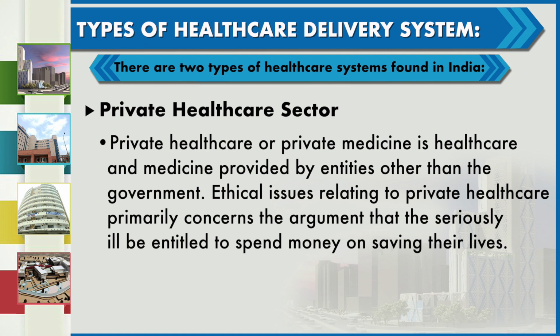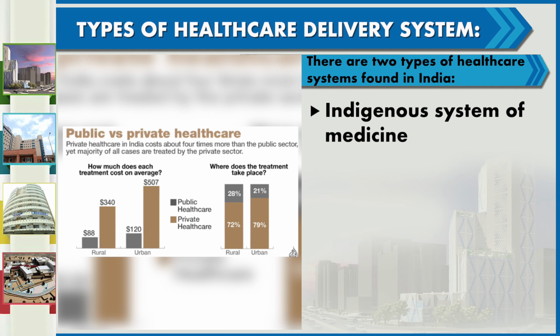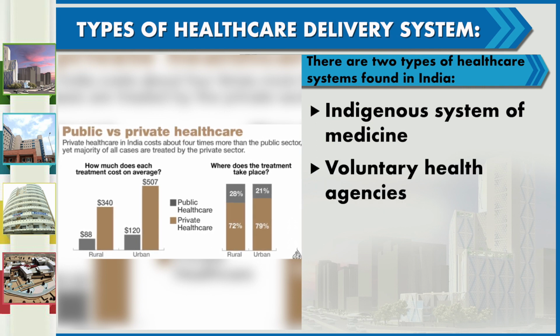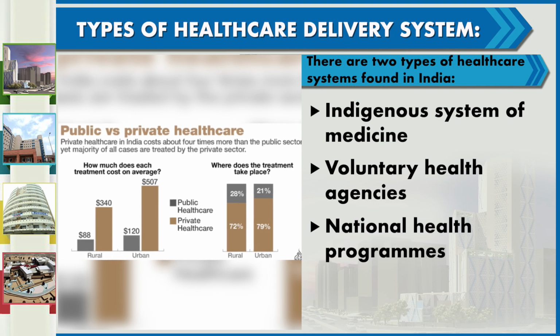So, the types of healthcare delivery systems in India include indigenous systems of medicine, services provided by voluntary agencies, and a lot of national programs. Now, in India as of now, the bulk of the healthcare services are provided by the private sector, and people are paying out of pocket for these health services.